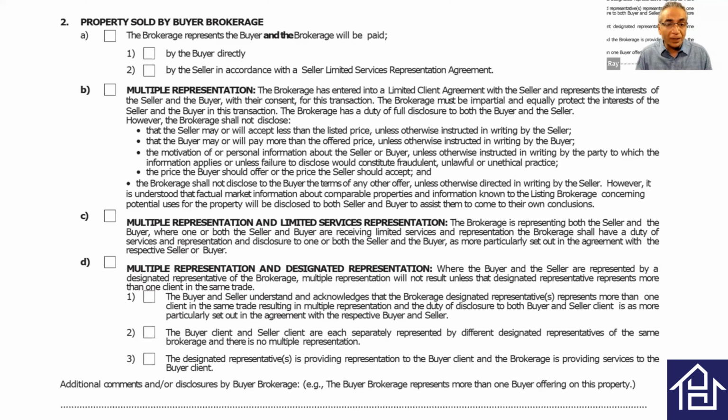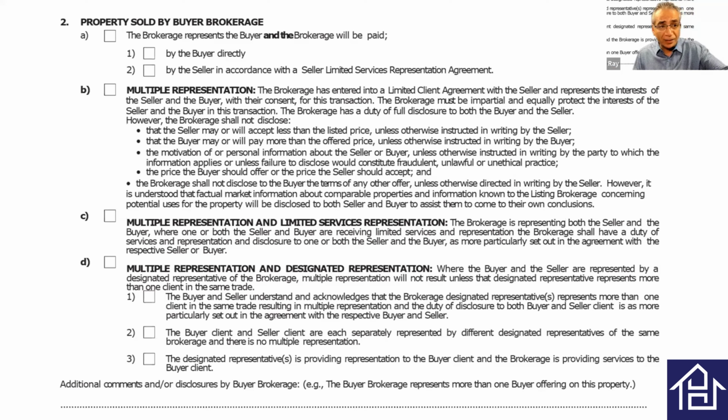Number C talks about, once again, the limited service representation. So when you have a buyer that's represented by the brokerage, and then you have a seller that has limited service representation with the brokerage.